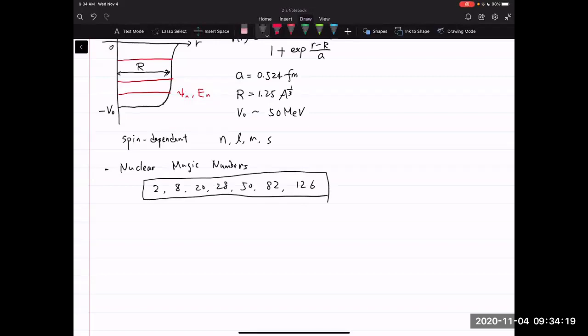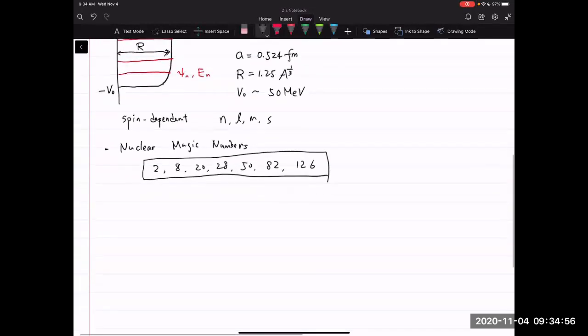When we go to higher energy levels, En, and also because of the coupling between the spin and the orbit, each of the En levels will split based on the other quantum numbers L and M, and overlap with each other, resulting in a different set of magic numbers. But on the other hand, the physics here is not much different from atomic physics.